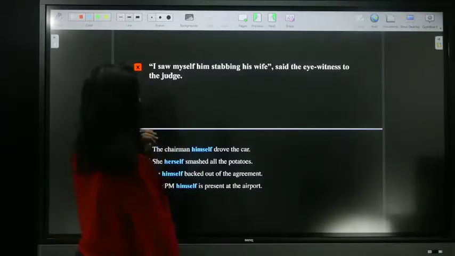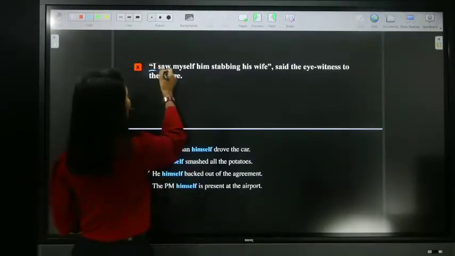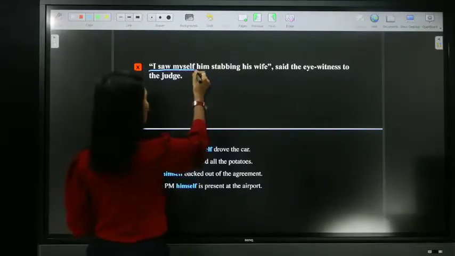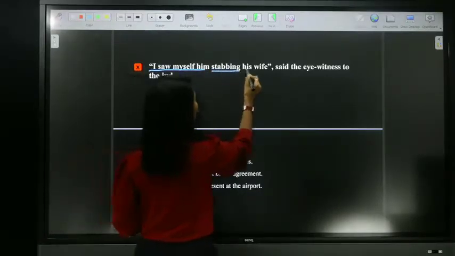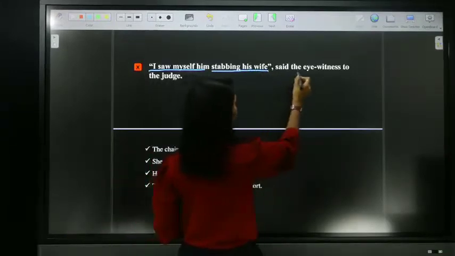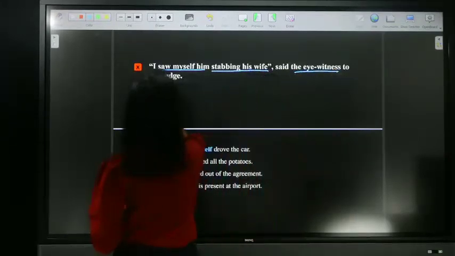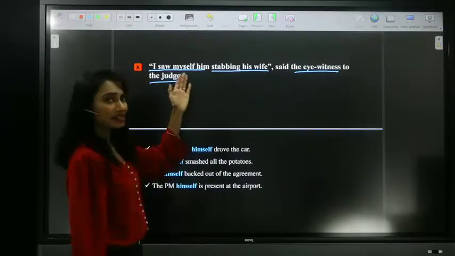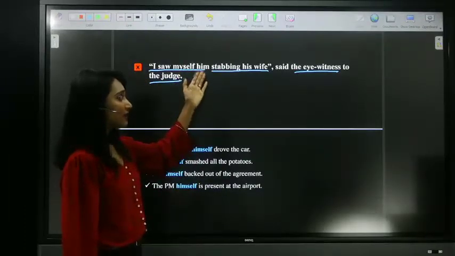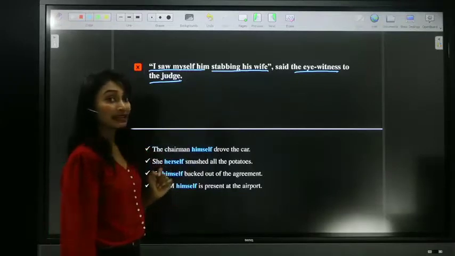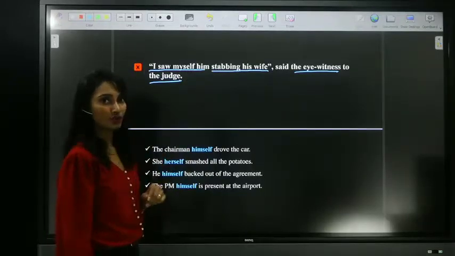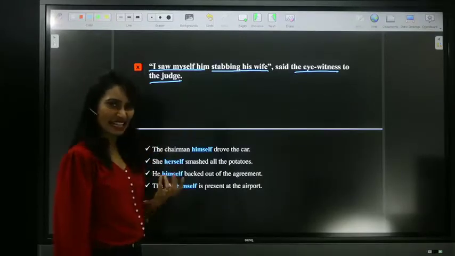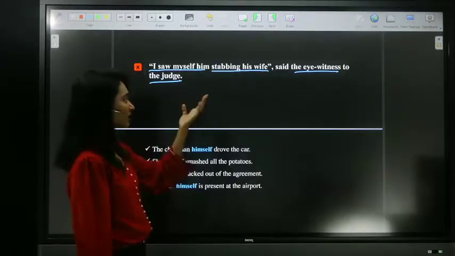So see this one. I saw myself him stabbing his wife, said the eyewitness to the judge. Now, is it giving sense? Who said that?